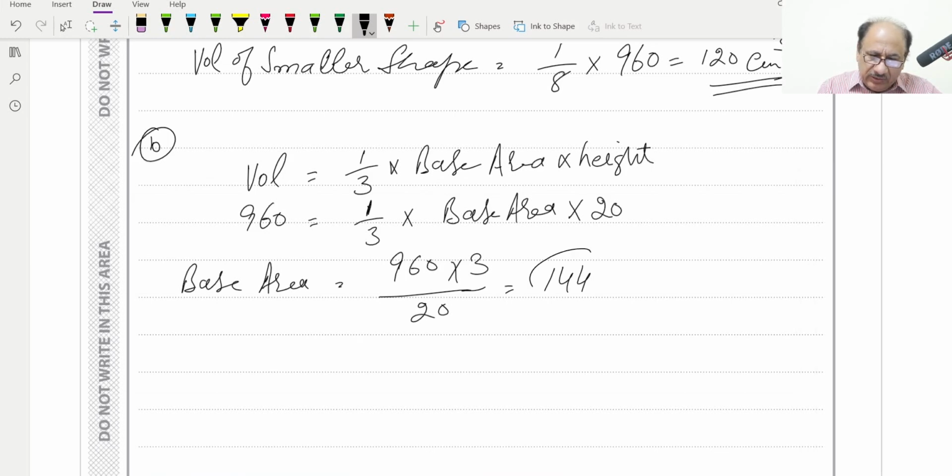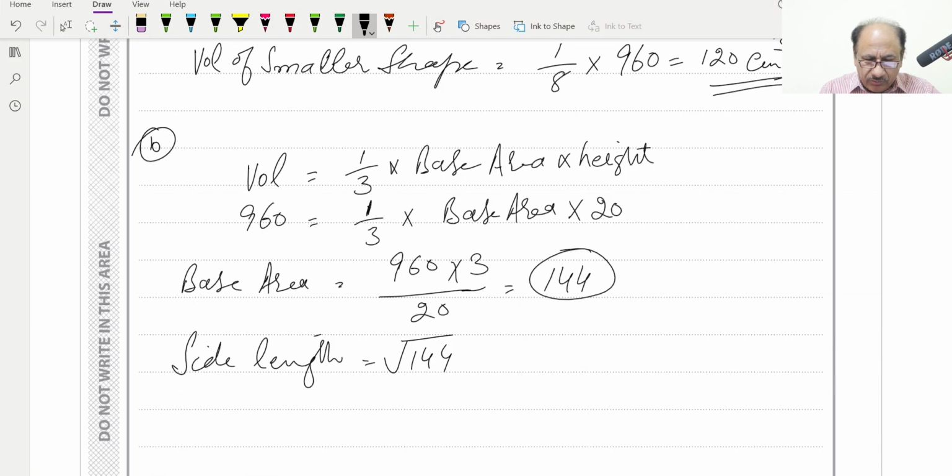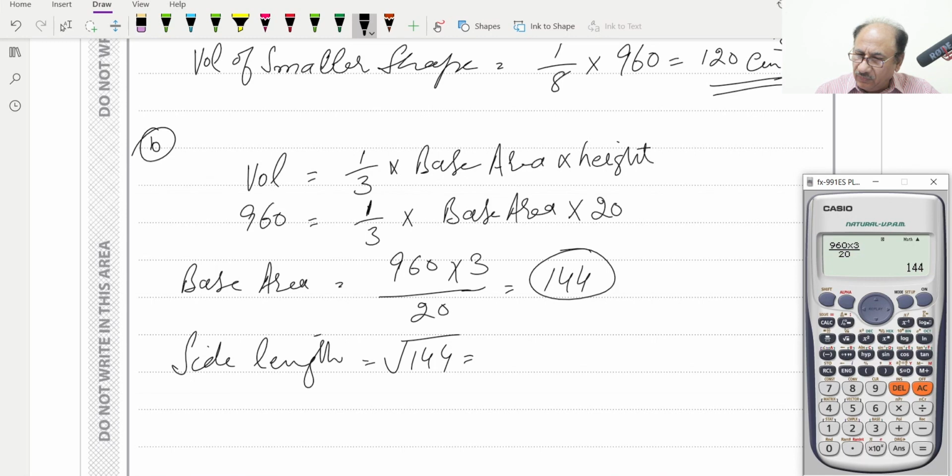Now this is the area of the base in case of the bigger shape, and we can find the side because it is a square. So side length will be equal to the square root of 144, and the answer will be 12.